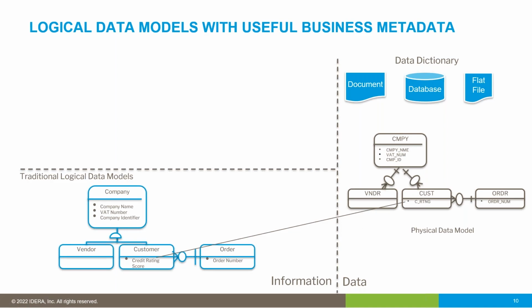Now with ER Studio, our data architects who are probably designing these things in the first place, the sort of process that they're going to go through is that they'll create a logical data model. So this little picture on the bottom left. We've got a number of entities there, company, customer, etc. Customer has some attributes, credit rating score.